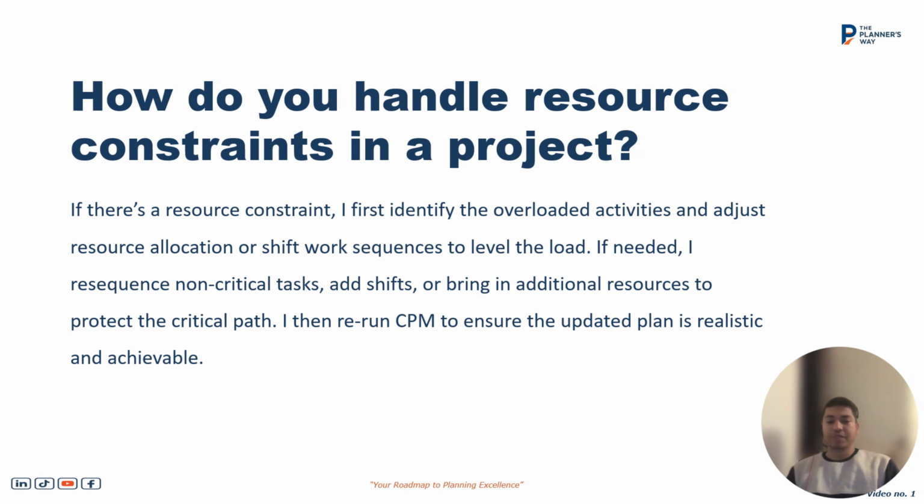The last case would be to bring in additional resources to protect the critical path if we are unable to balance by shifting the resource from the non-critical path to the critical one. Then after, we can rerun the critical path to ensure the updated plan is realistic and achievable.